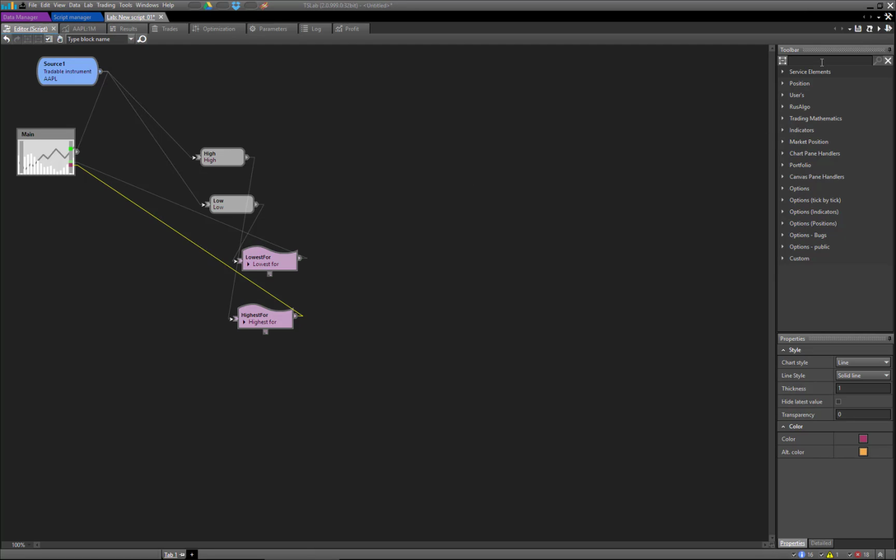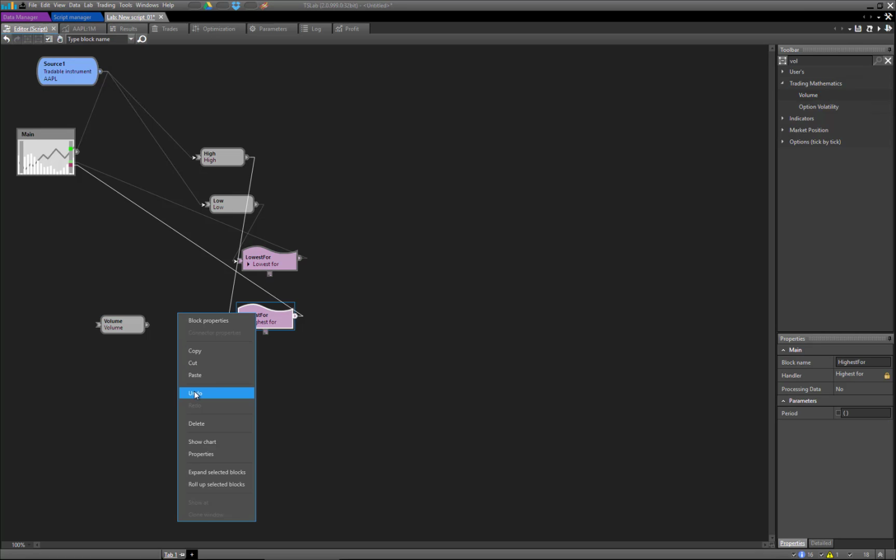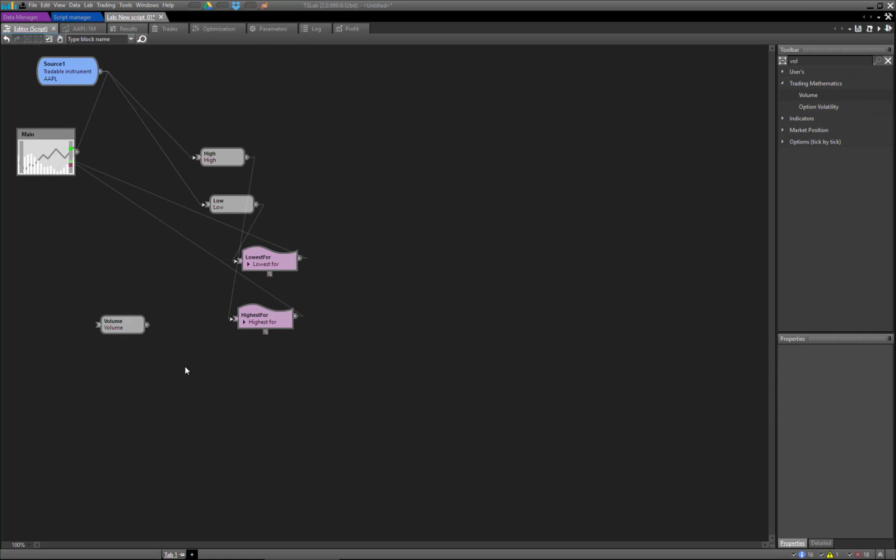Let's apply one more block, its volume. Trading mathematics, volume. We get volume from our data source as well. Let's make a copy of high and create a volume-based high.